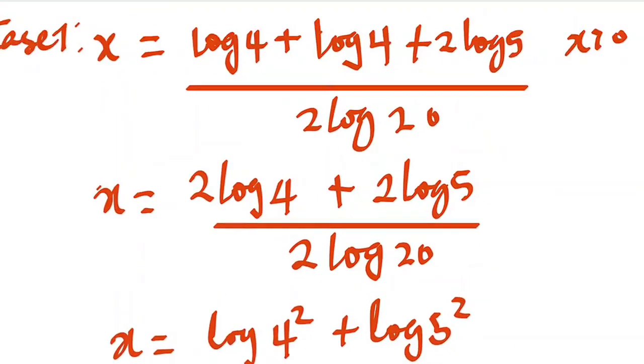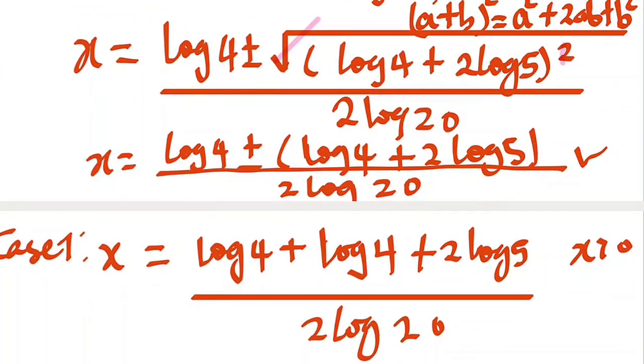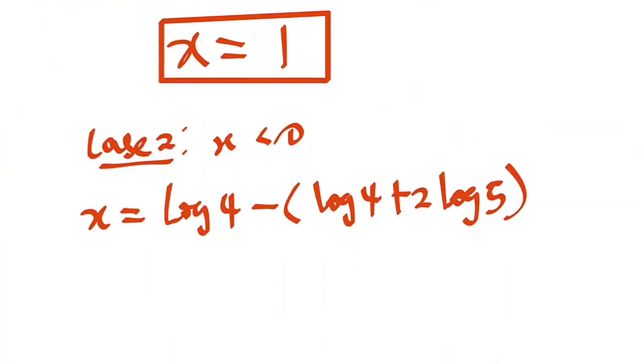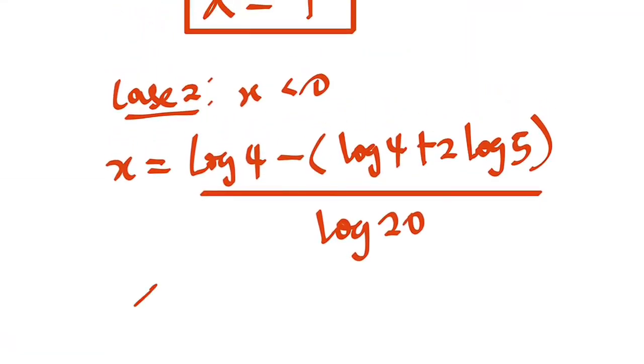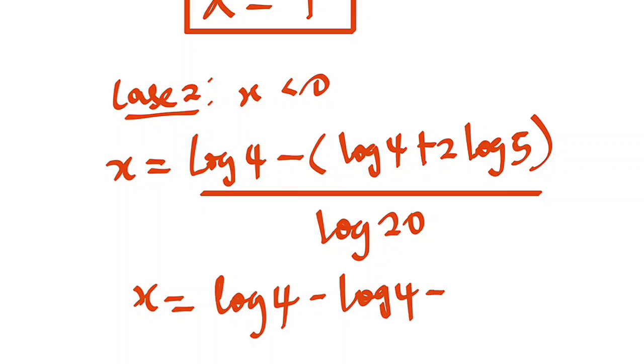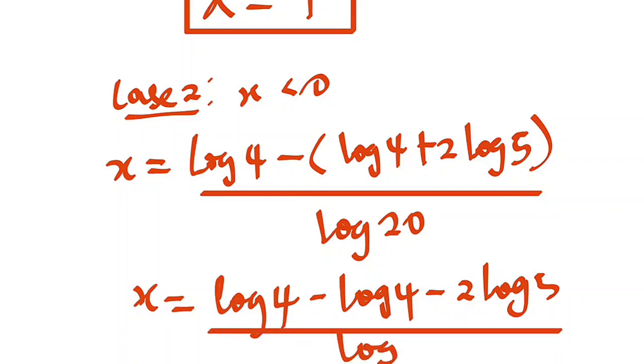If you check, you see that that's what we have there, where I marked here. Alright, so moving on, we're going to have now divided by 2 log 20. So now x is going to be log 4 minus times this, we have minus log 4, then minus times this, we have minus 2 log 5, all divided by log 20.